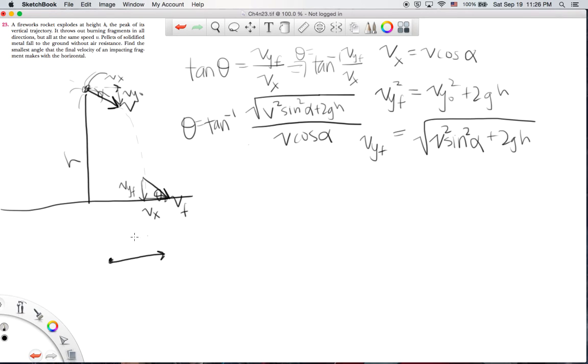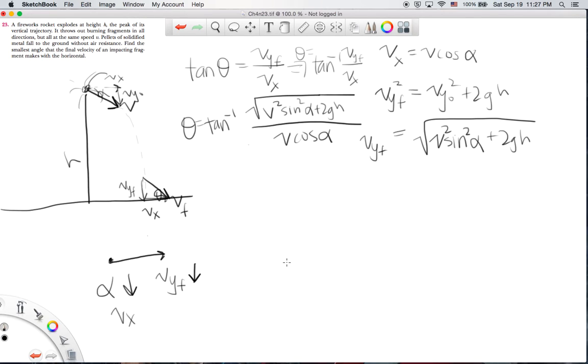It will have no initial velocity component in the y direction, which means that the velocity y final will be smaller. So as alpha decreases, the velocity in the y direction, the final velocity, also gets smaller. And of course vx doesn't change based on alpha.